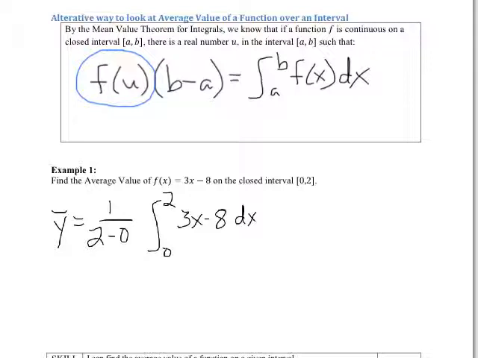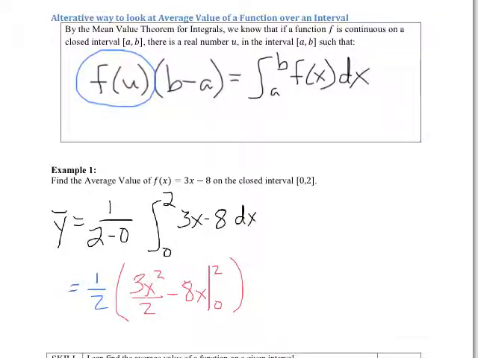Simplifying, the front is 1/2. Our integral will become 3x squared over 2 minus 8x, evaluated from 0 to 2.